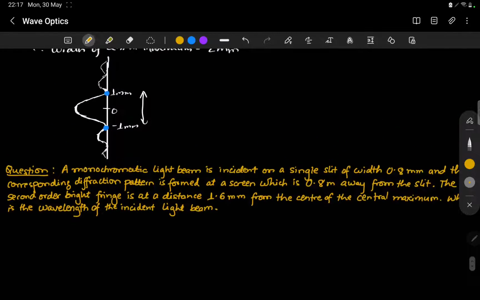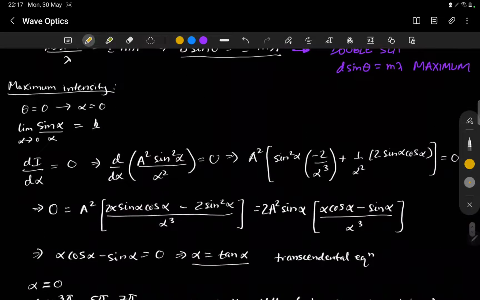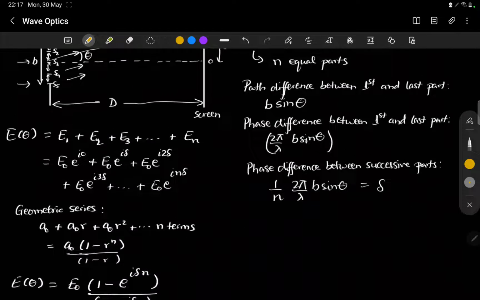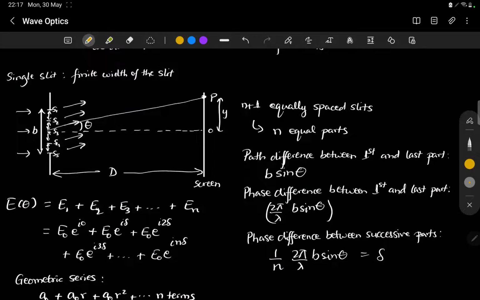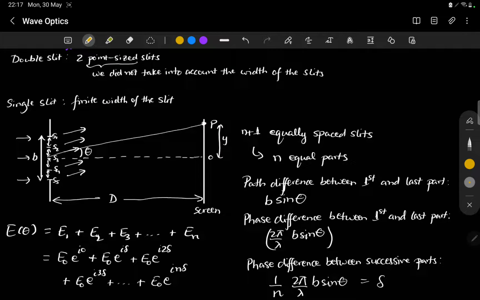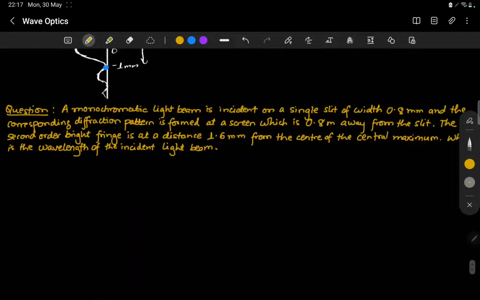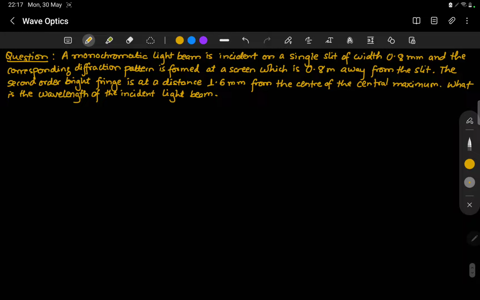So we saw in the previous video the setup for a single slit diffraction pattern. Let us draw it again. We have a single slit, which is illuminated by plane wave. Then we have a screen.